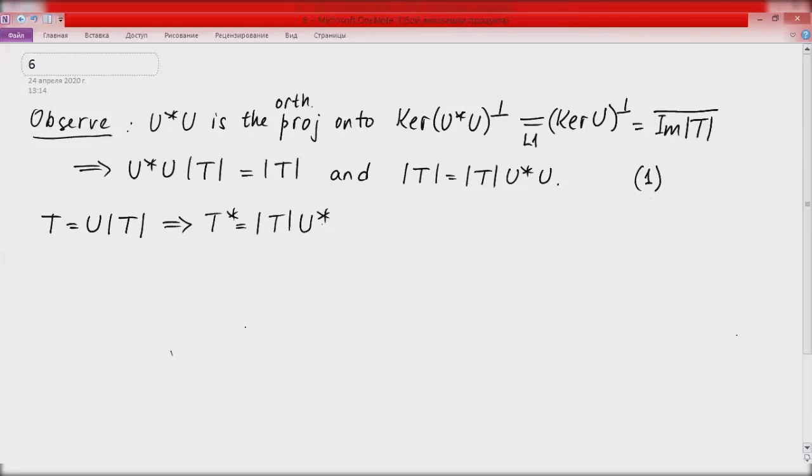And if we multiply these two equalities, we get the following. Okay. And now taking the square roots, we conclude that the modulus of T star is the square root of U modulus of T squared U star.